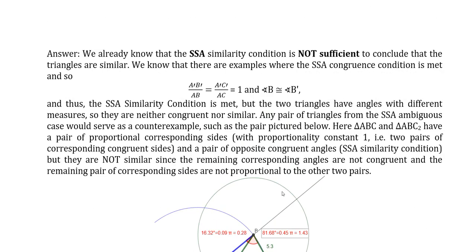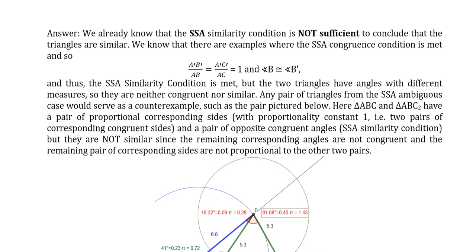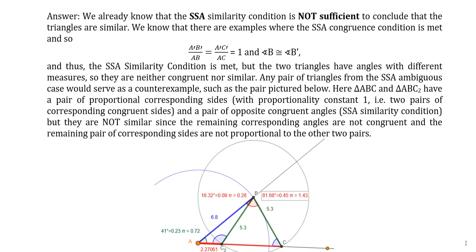We already know that the SSA similarity condition is not sufficient to conclude the triangles are similar because the SSA congruence condition doesn't work. Let me show what I mean by that. We know there are examples where the SSA condition is met, like A'B'/AB equals A'C'/AC equals 1.